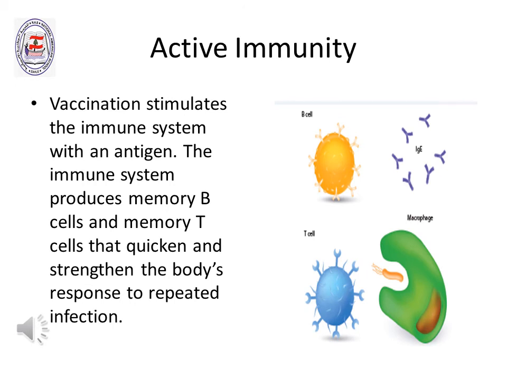Vaccination is a kind of active immunity. It stimulates the immune system with an antigen. The immune system produces memory B and T cells that quicken and strengthen the body's response to repeated infection. In other words, if you get the measles vaccine, the immune system will memorize the antigen, which is the measles.